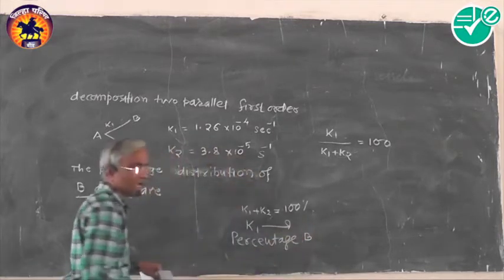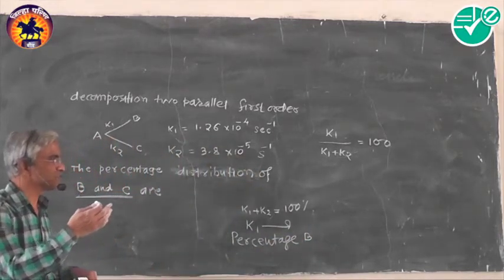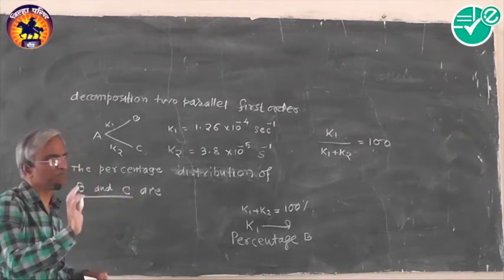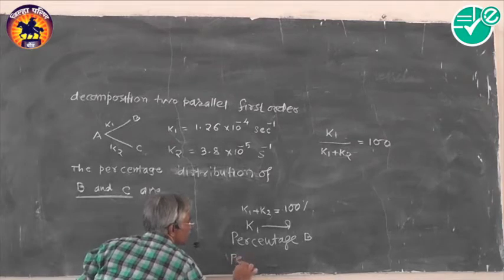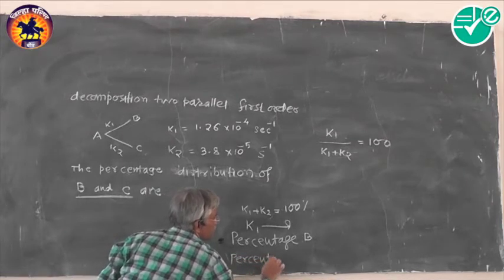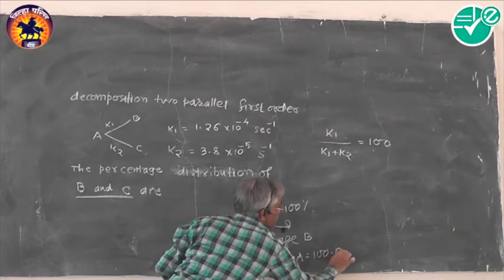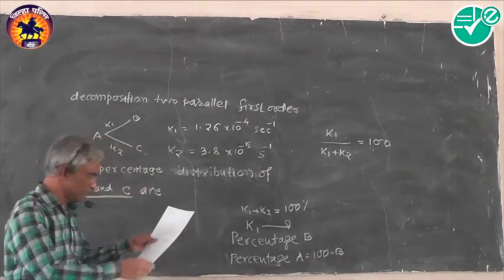So we will get the percentage of B. And once we know the percentage of B, by subtracting it from 100 we can get the percentage of C, which will be equal to 100 minus B. So now put the values.